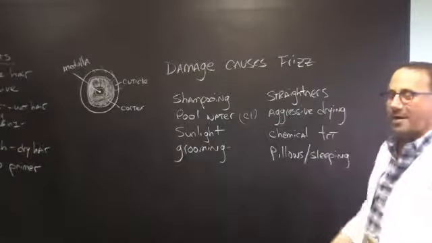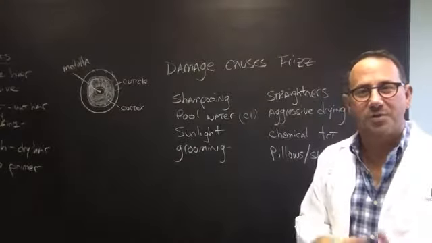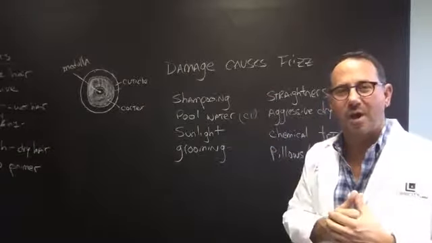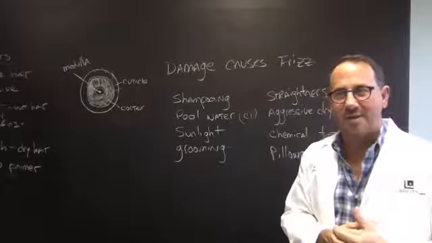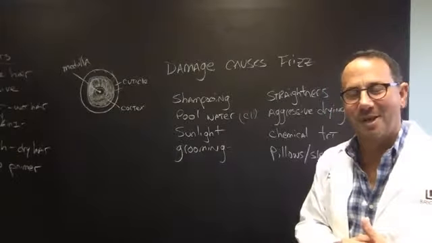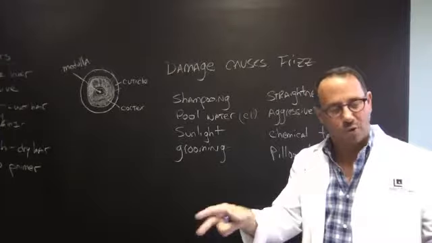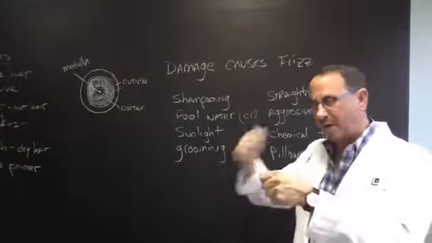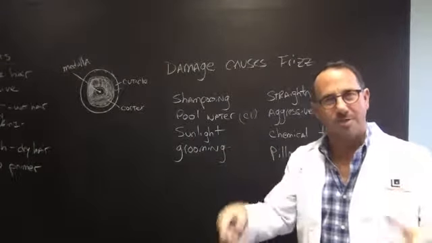Aggressive drying. This one was new to me until a few months ago when we partnered with some salon professionals, and they were telling me, the act of aggressively towel drying your hair after you have shampooed it can damage that. I just looked at a study a couple of days ago where some tresses of hair, control and experimental, were dipped in distilled water, and then they were taken out and brushed, I don't know, 30 or 40 times, dipped again, brushed, dipped, and repeated.